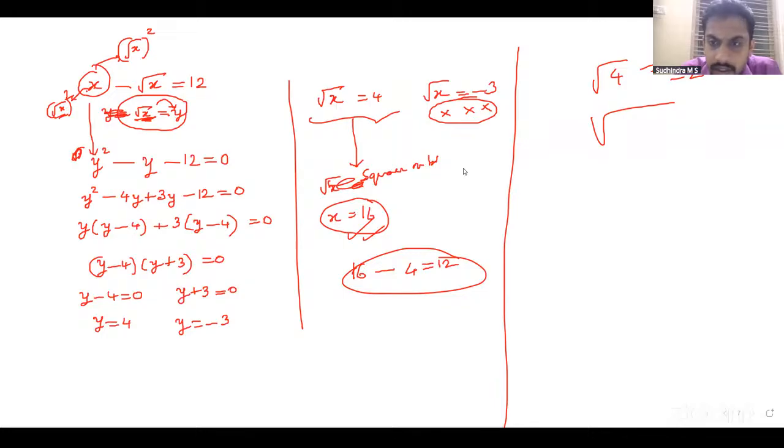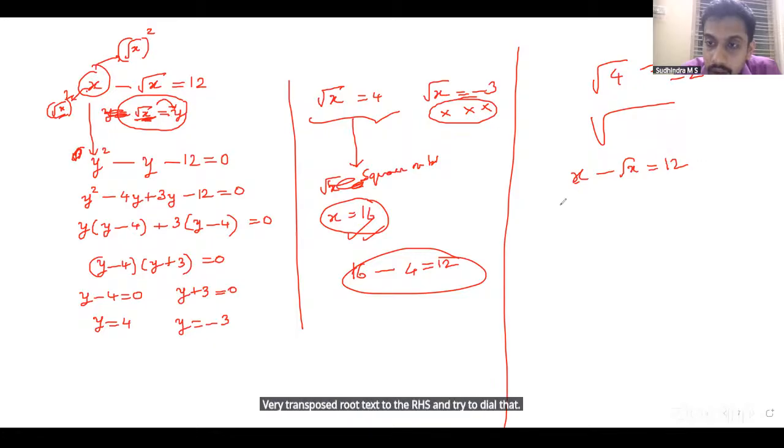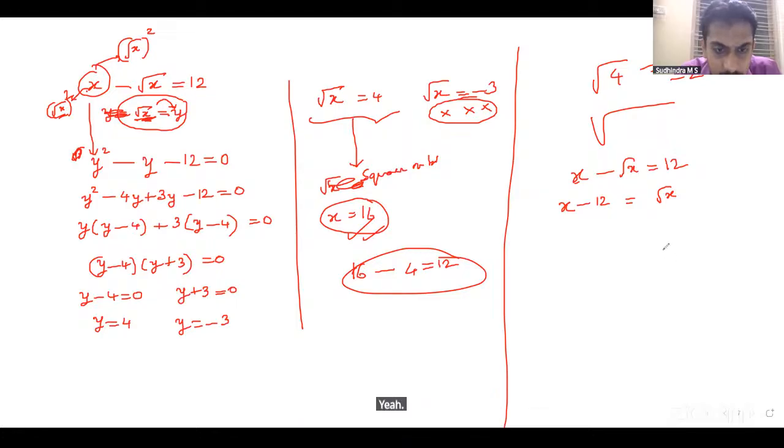Nandita, but x minus root x is equal to 12. How did you get the next step? I transposed root x to the RHS and 12 to the LHS. Okay, then it will be x minus 12 is equal to root x. Now take the square on both sides. Then this will be x minus 12 the whole square and this will be x.